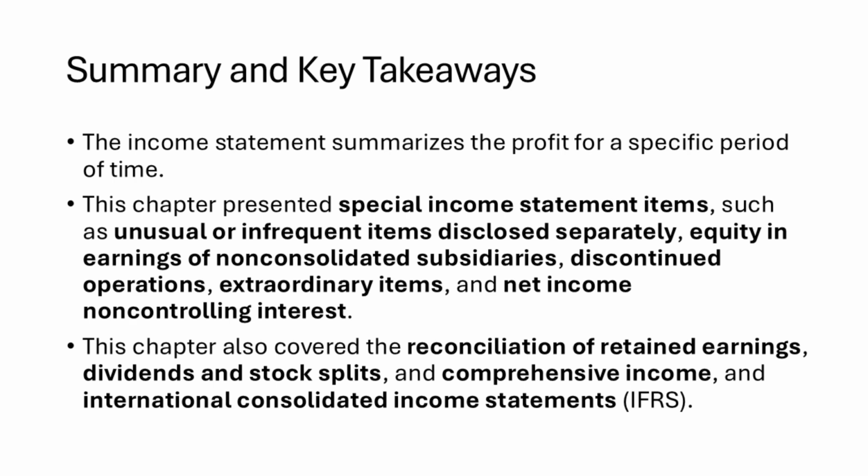Equity in the earnings of non-consolidated subsidiaries, discontinued operations, extraordinary items, and net income attributable to non-controlling interest. This chapter also covered the reconciliation of retained earnings, dividends and stock splits, and comprehensive income.